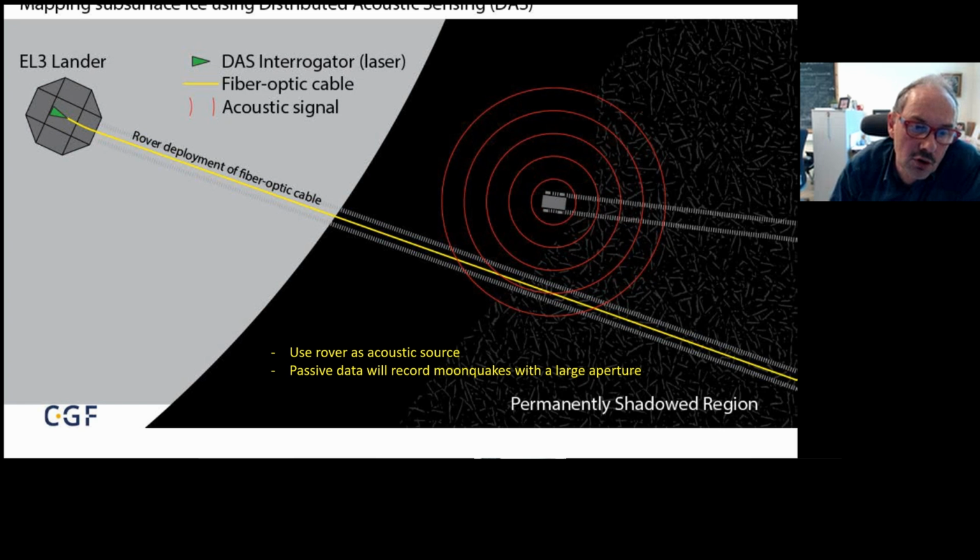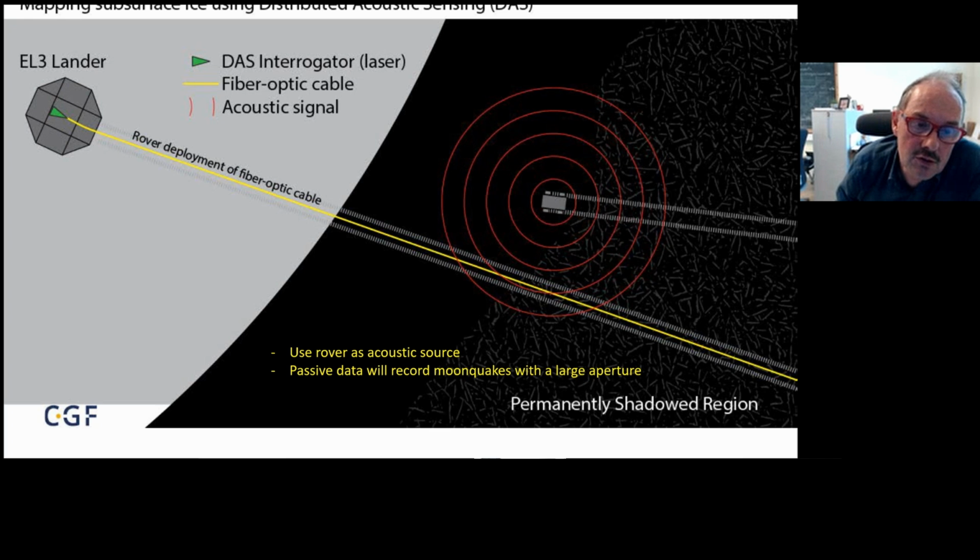So this is what we propose, to keep the interrogator in the lander. The interrogator needs to be protected and at a constant temperature, and then to use the rover to deploy the fiber into the shallow region. And of course, then the fiber needs to be handled with care.